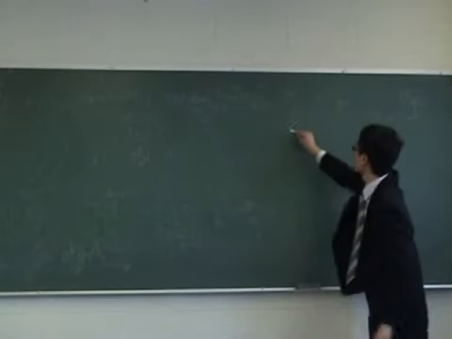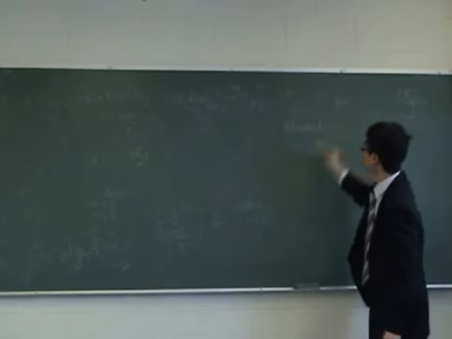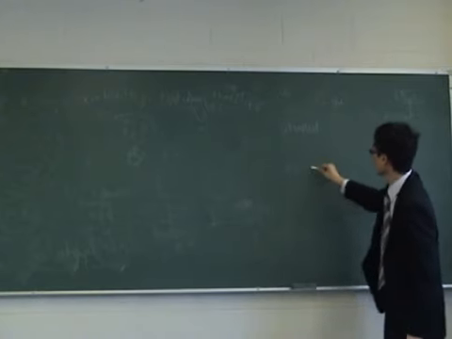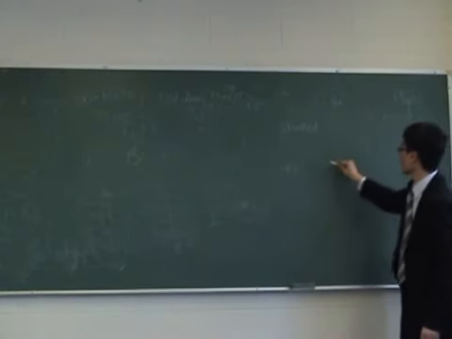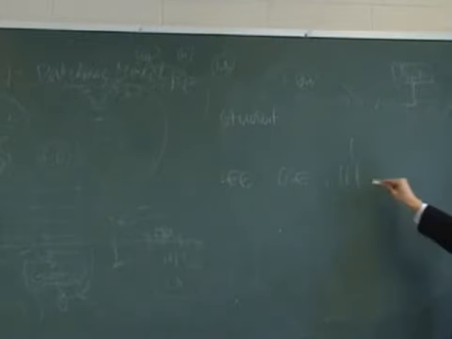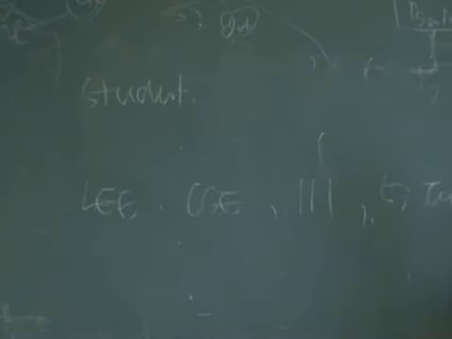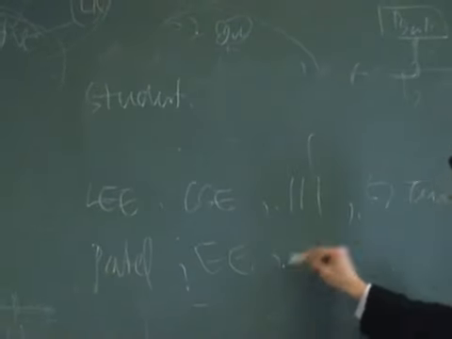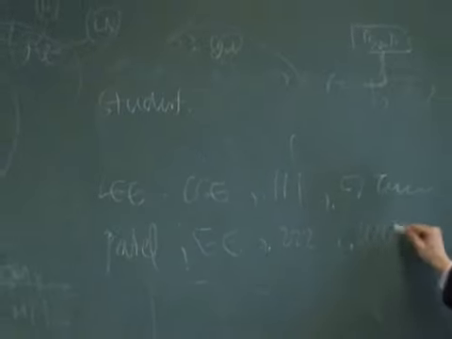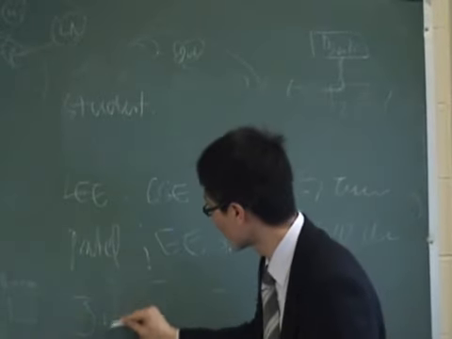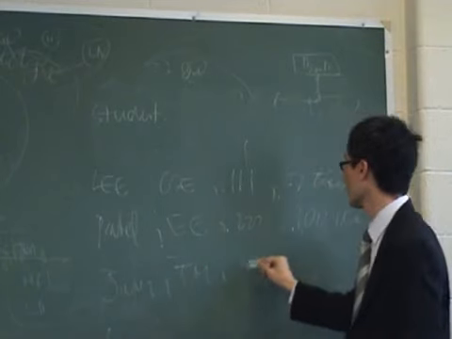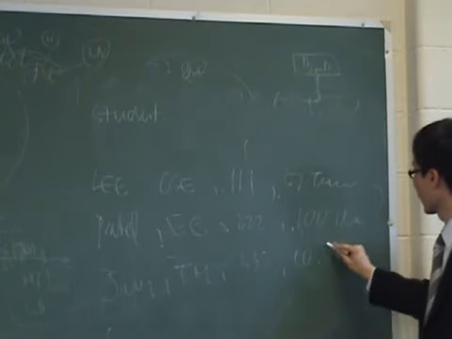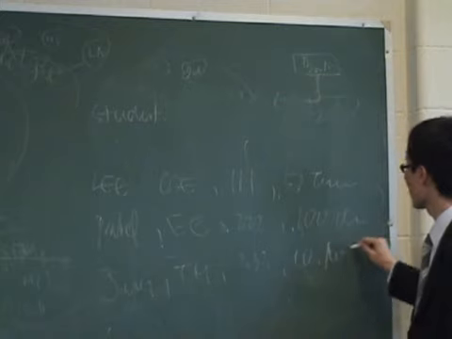we identify so many entities for student. Lee, CSE, 111, and the address; Patel, Electrical Engineering, 222, and 100 University Avenue; James, Technical Management, 333, and North Avenue, and so on.